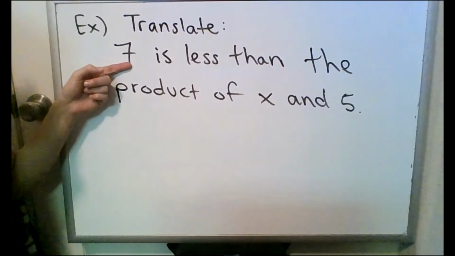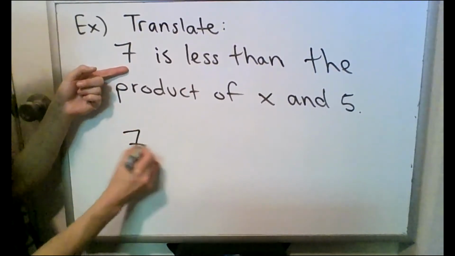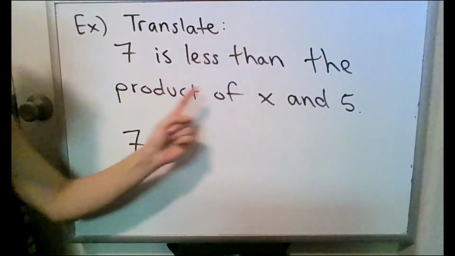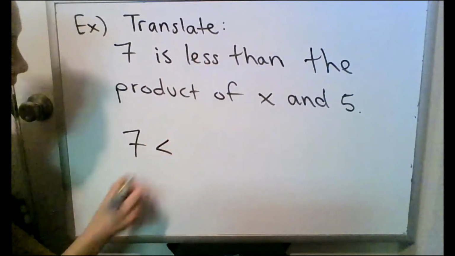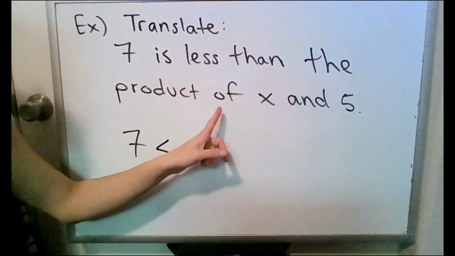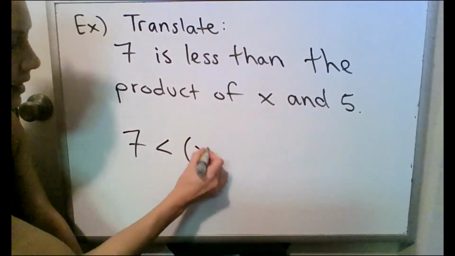So I don't have to solve anything. I just want to write this as math. So starting with 7 is less than, but just strictly less than the product of x and 5. So we're going to take x and multiply with 5.